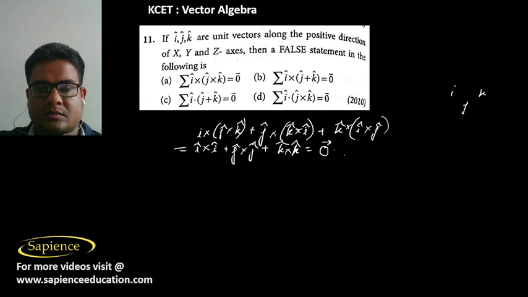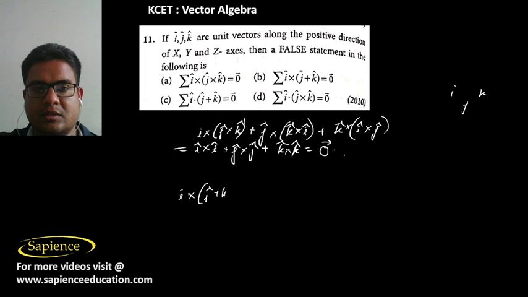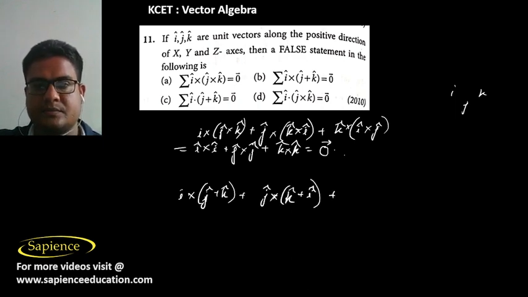For the second option, it is summation i cross (j plus k), that is i cross (j plus k) plus j cross (k plus i) plus k cross (i plus j).